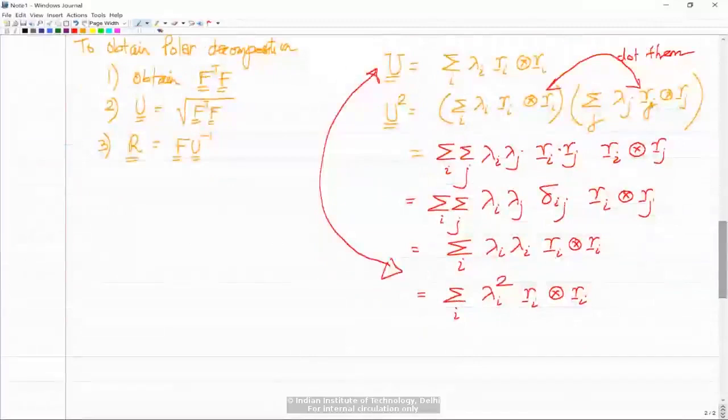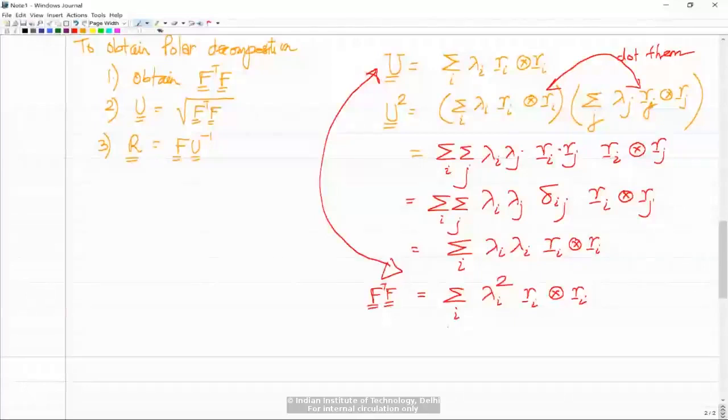And likewise, so what you see here, how to get this square root then? So F transpose F, so this is actually U square, so this is F transpose F. So you first of all work out F transpose F and do its eigen decomposition. Okay.